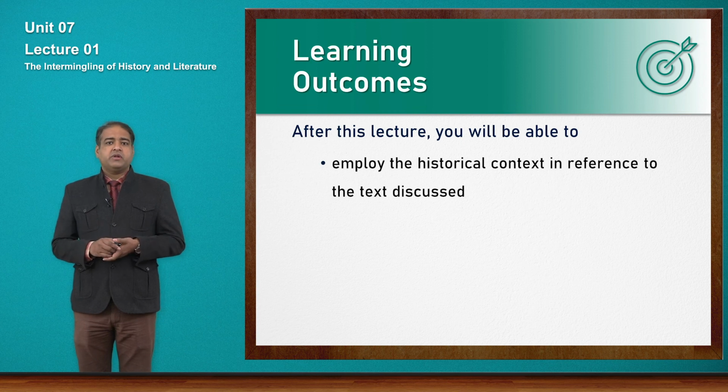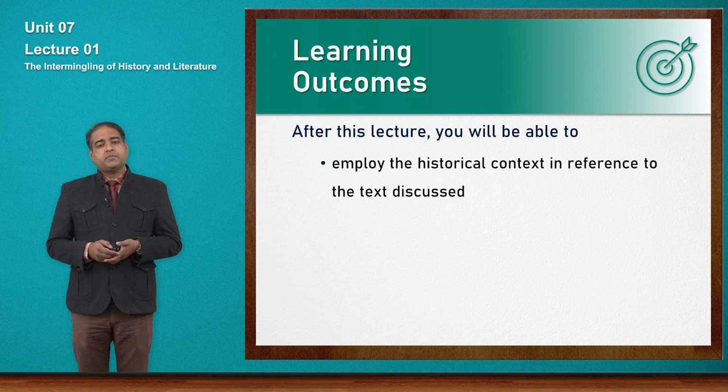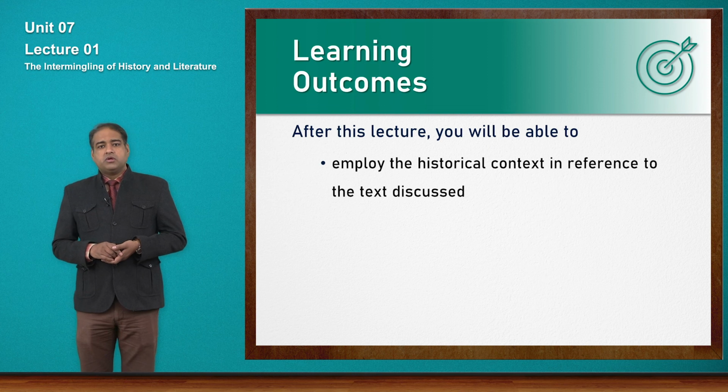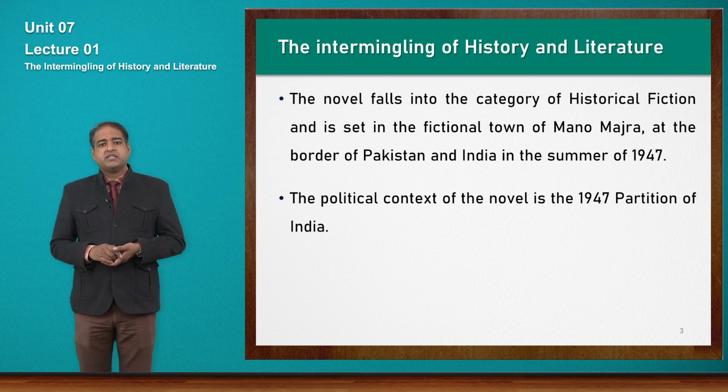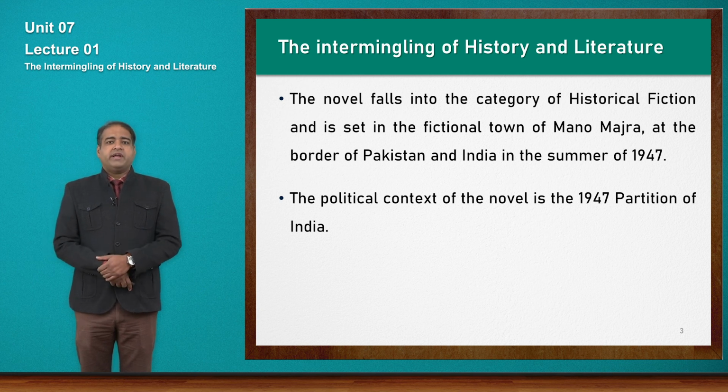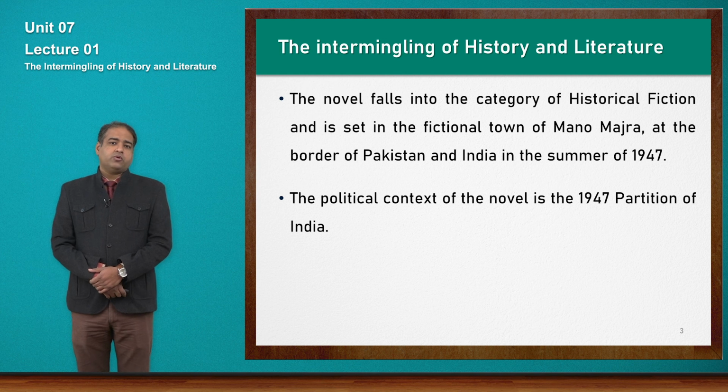These things will be understood on the basis of a detailed description of the historical context in reference to the text discussed. The text is Train to Pakistan. So, with this note, let us try to understand how history and literature were intermingled in this text, Train to Pakistan.